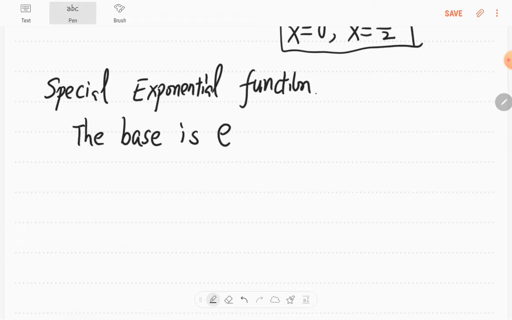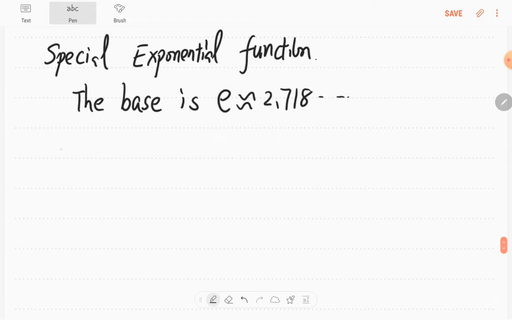What is e? e is actually approximately equal to 2.718 and so on. Okay, so why are we interested? Because this e is a very special number.